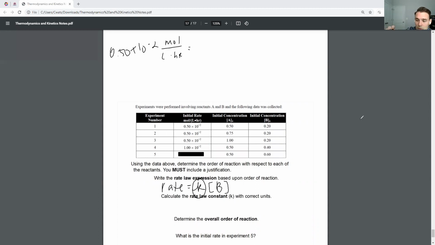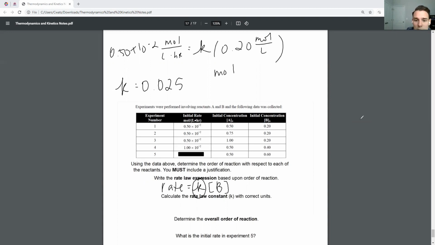That will be equal to K. And then I'm just going to use the concentration of B, which is 0.20 moles per liter. Concentration is in molarity, which is, we know, moles per liter. I'm going to divide both sides by 0.20, and my K will be equal to 0.025.